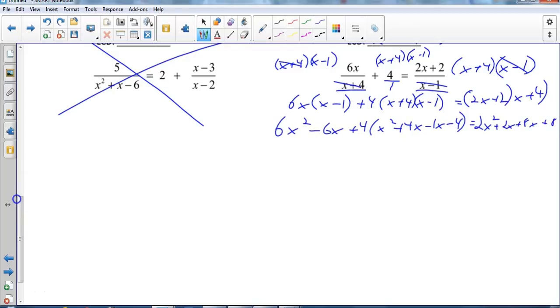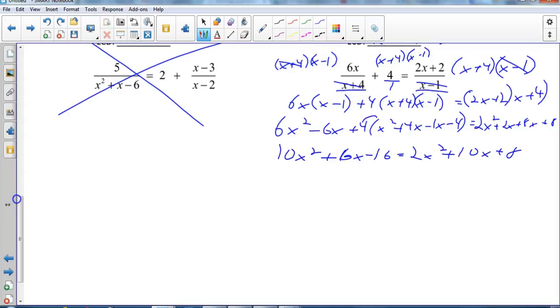Now we just clean it all up. We still send this 4 in everywhere. After we do that, we end up with 10x squared plus 6x minus 16 equal to 2x squared plus 10x plus 8.